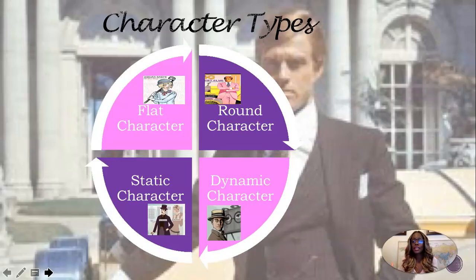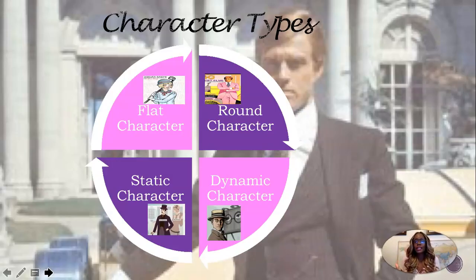A dynamic character is a character who, in all of the events, everything that they go through, all of the changes in the text, actually changes as a result of the events that occur throughout the text. So maybe they're one way in the beginning. And Nick Carraway, our narrator, is a great example of a dynamic character.